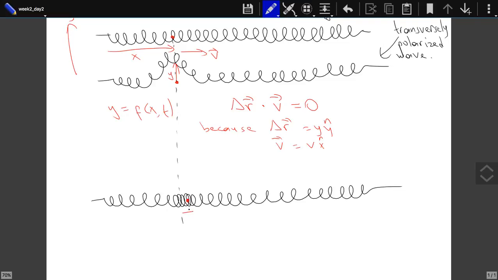This is the displacement of that point. Let's say this is y. This is my delta r. Now, delta r cross v this time is equal to 0. They are in the same direction. So this tells me that this is a longitudinally polarized wave.